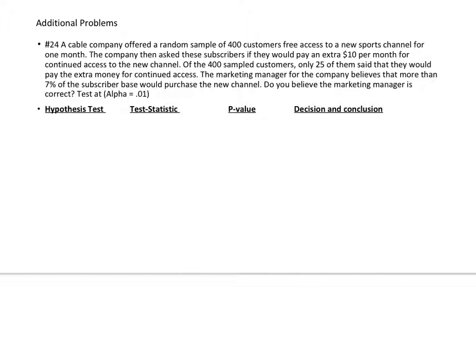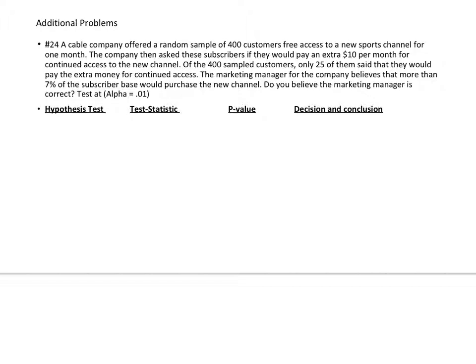Of the 400 sample customers, only 25 of them said that they would pay extra money for continued access. The marketing manager for the company believes that more than 7% of the subscriber base would purchase the new channel. Do you believe the marketing manager is correct? Test at alpha equal to 0.01.